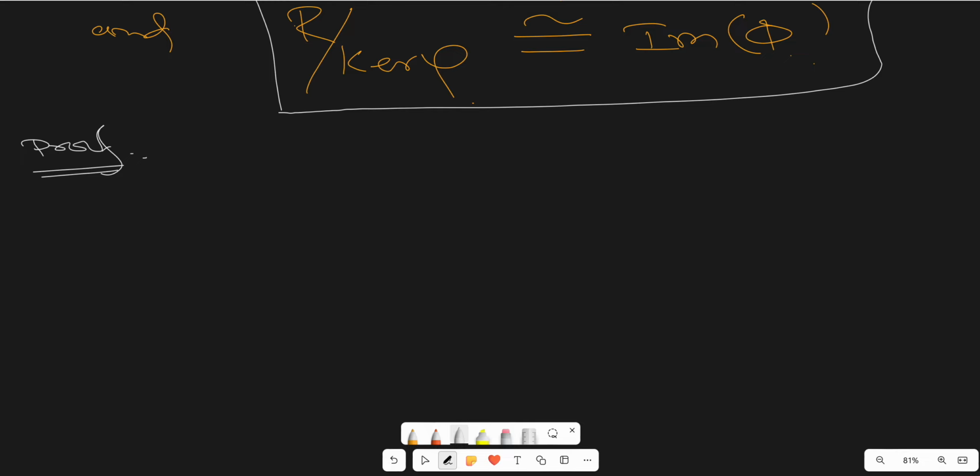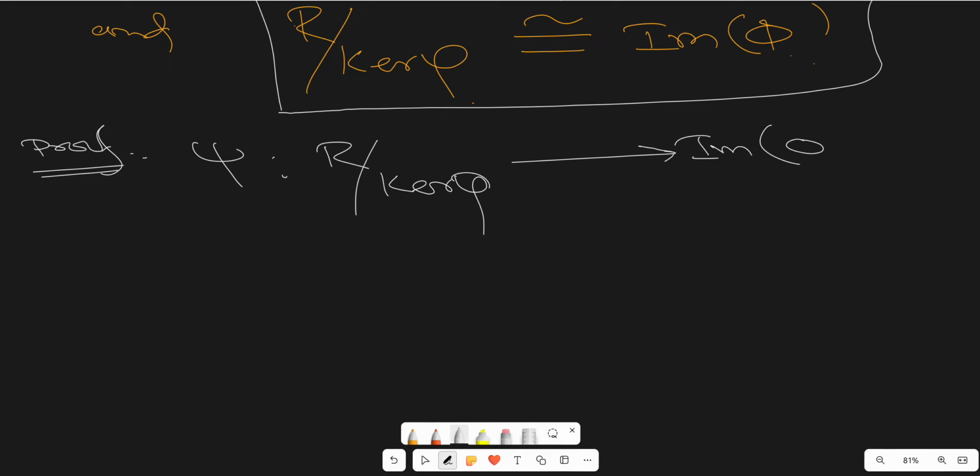So what you can do, you can define a map psi, right? First of all, you can define a map psi from R mod kernel phi to image of phi. How do you define the map?